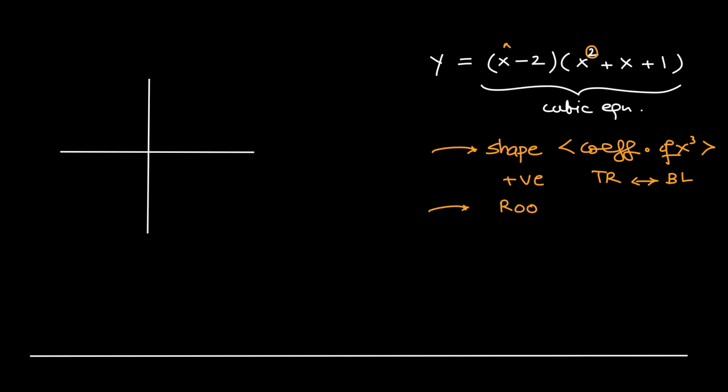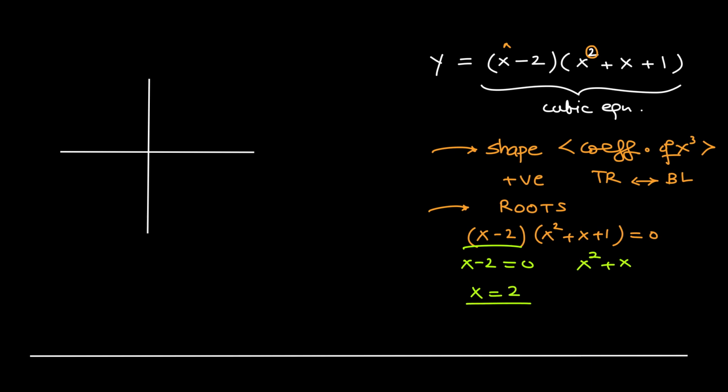What are the roots of this particular graph? (x minus 2)(x squared plus x plus 1) equals 0. When we equate x minus 2 equals 0, we get a real root, x equals 2. When we equate x squared plus x plus 1 equals 0, there is no real solution.